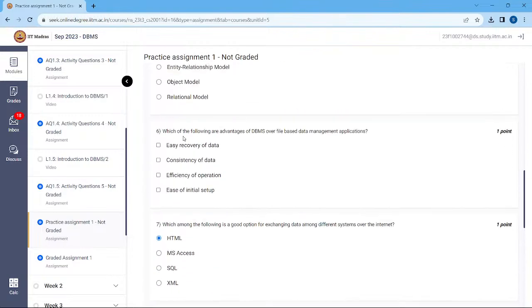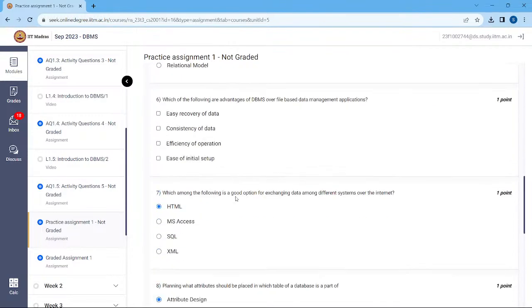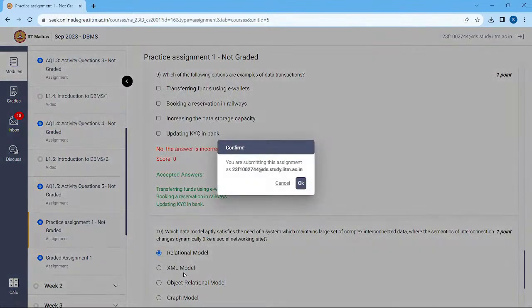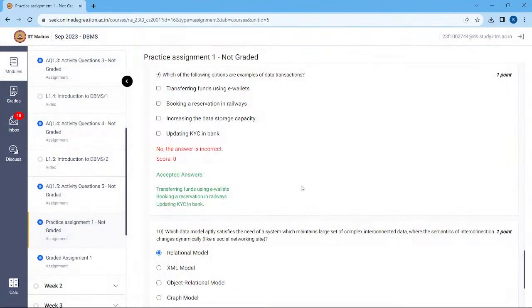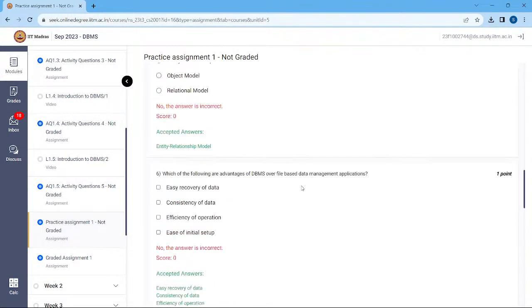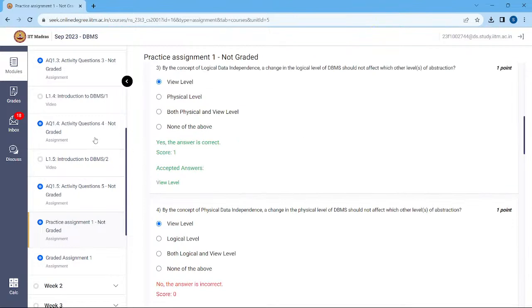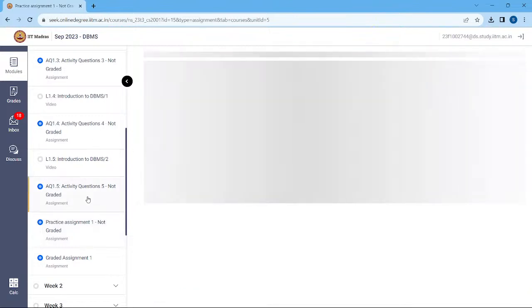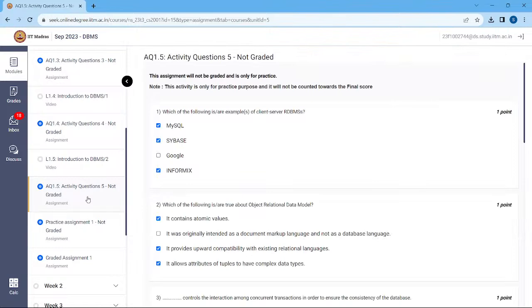Okay, so we're done with this. Let's save the answers, so that when we return, it has the same answers and not the correct answers that I gave in input.